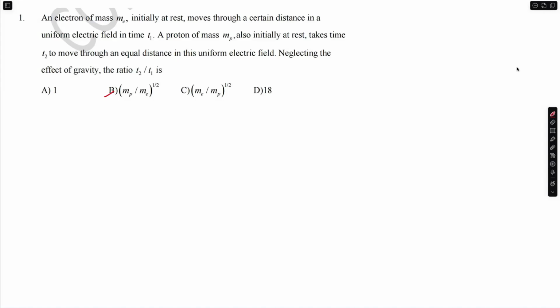That will have a full impact on the rest of the paper, the rest of the subjects too. That is the reason I suggest that even for a weak student, there will be some questions which can be done comfortably.